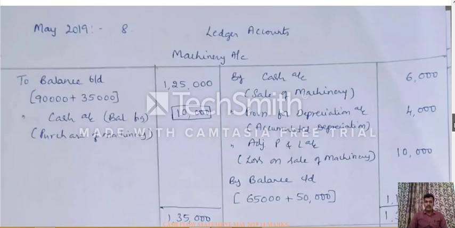Then the accumulated depreciation charged for the current year should be transferred to provision for depreciation as a separate account is maintained for that purpose. So that is accumulated depreciation 4,000. Then the company is suffering a loss on the sale of machinery to the extent of 10,000. So that should be transferred to adjusted profit and loss account.